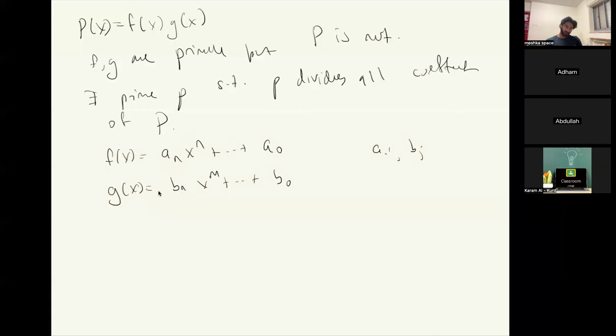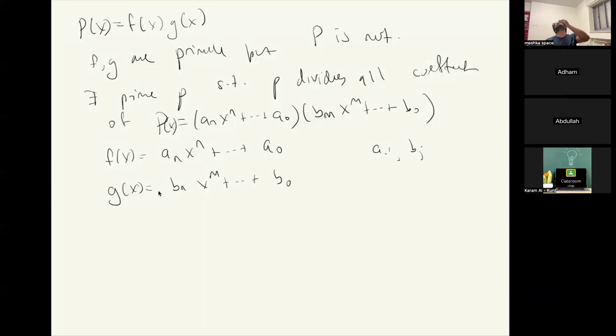So we know p divides all the coefficients of the product. Okay, so it divides all the coefficients of this guy. It must divide one of f of x or g of x for infinitely many x.